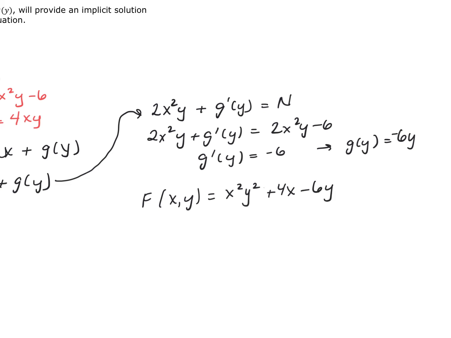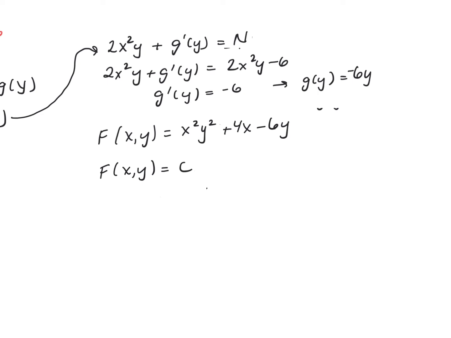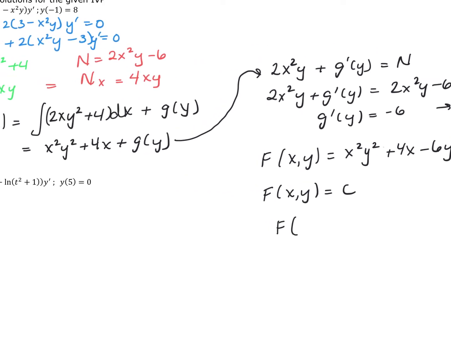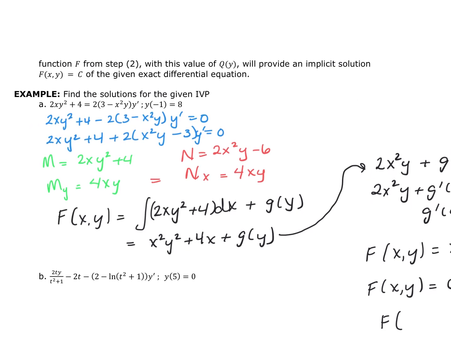So now I know from up above that F of x, y must be equal to c. So now we're going to find our constant of integration, so we use the initial value. Our initial value for this problem was negative 1, 8.